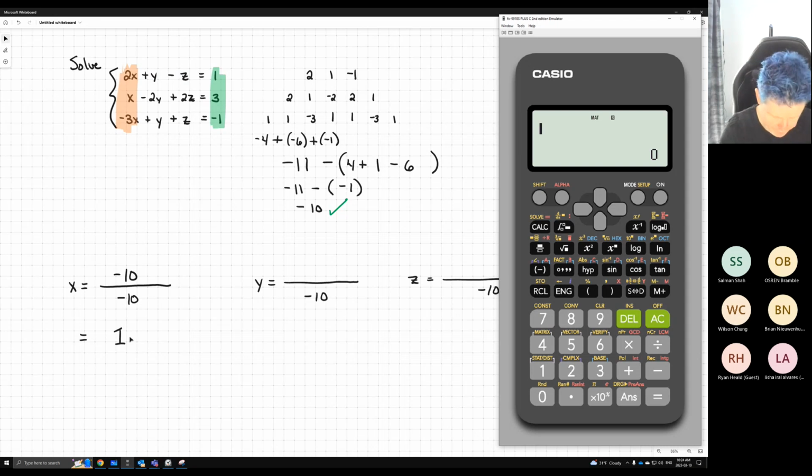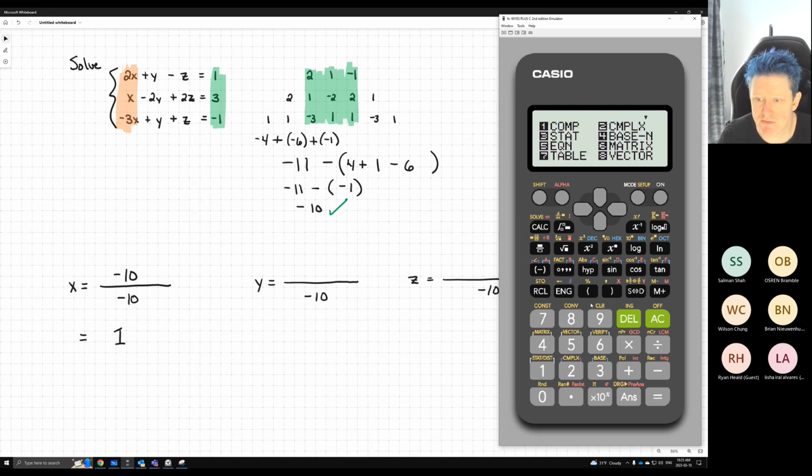Now, here is my del matrix. So I'm going to go back and change it so that the middle column is now my right-hand side. So the right-hand side replaces the middle column.